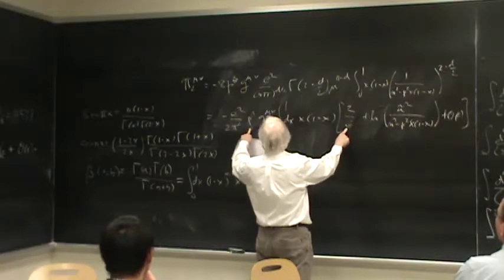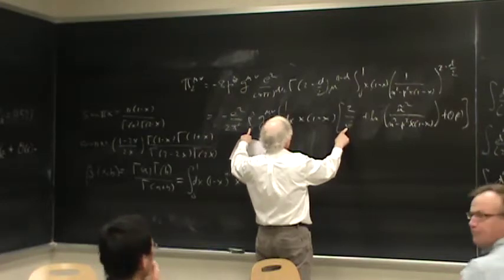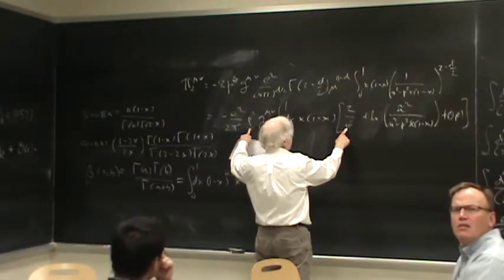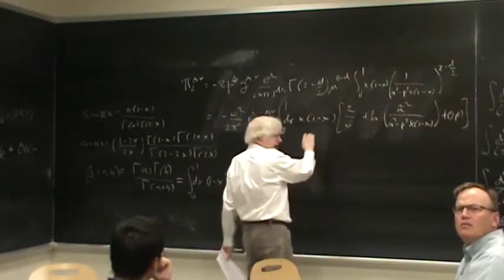Now d by dp squared here. I thought this would be 0. All right, let me see. Is this integral perhaps 0?